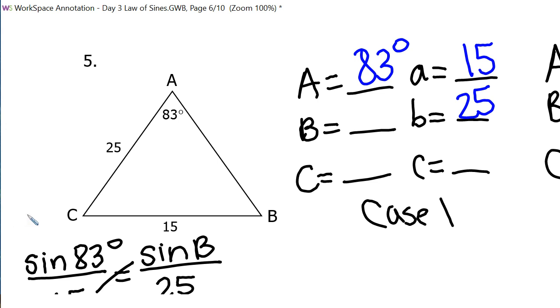Cross multiplying, we get 15 times the sine of angle B is equal to 25 times the sine of 83 degrees. Divide both sides by 15. So that gives us sine of B equals 25 times the sine of 83 degrees over 15.